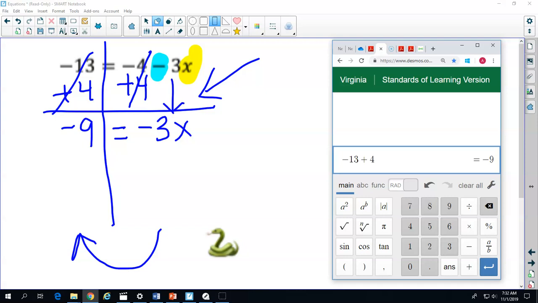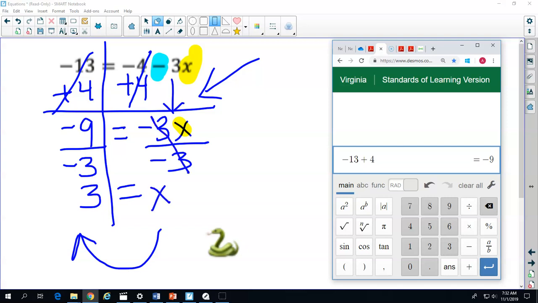So in order to isolate the variable now, and again, when I'm isolating the variable, if it helps, highlight it. In order to get x by itself, I'm going to undo the multiplication. And since I multiplied by negative 3, I'm going to divide by negative 3. And so negative 9 divided by negative 3 is positive 3. And then negative 3 divided by negative 3 is 1, so it cancels out. And now I have my answer, x is equal to 3.